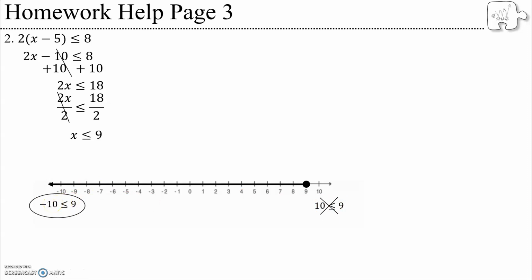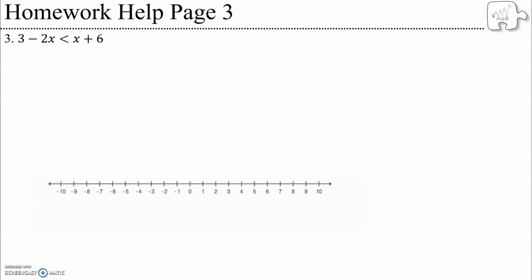Right, so we know it's on the left. We know it's not on the right, so we know that this line goes to the left. So we make our dot here, and we just draw a line to the left with an arrow, saying that x could be any of these numbers, right? To make it true. Because 8 is less than 9, 7 is less than 9, 6 is less than 9, and so on and so forth.